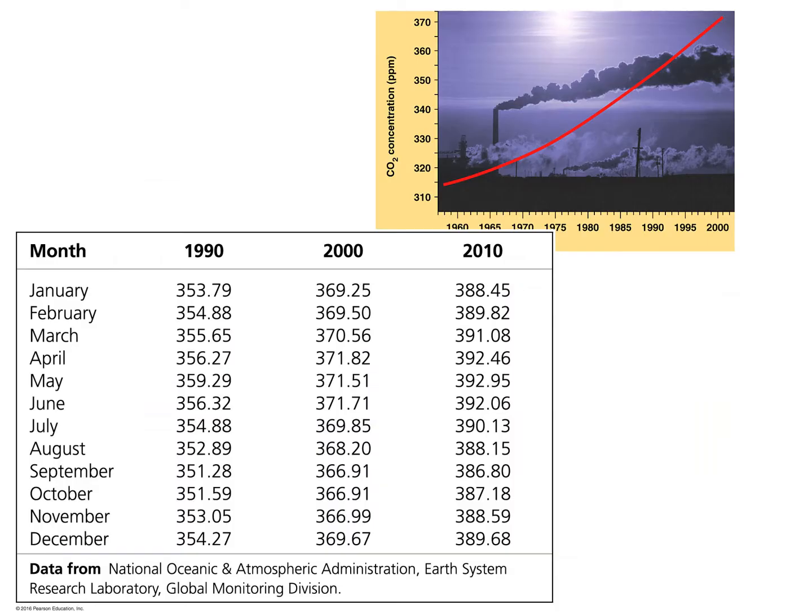Climate scientists have demonstrated a pretty conclusive link between CO2 levels and temperature levels globally. Here's some data from a CO2 monitoring station on top of a mountain in Hawaii, and we can see data from 3 decades, 1990, 2000, 2010. 2020 data isn't yet available, but there is a consistent increase in the amount of carbon dioxide in the atmosphere.